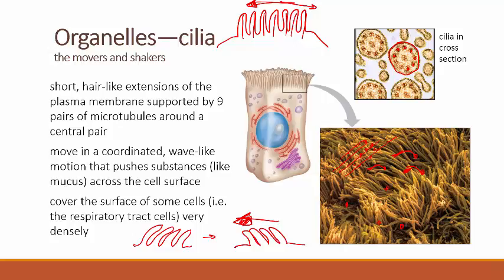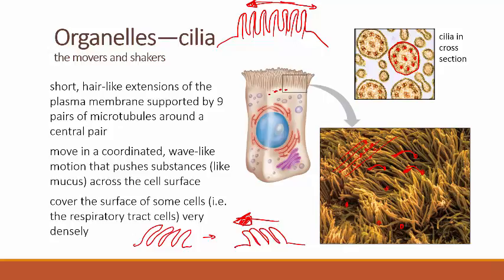And here we can see cilia sliced in cross-section, and you can make out the pairs of microtubules that are arranged in a circle around a central pair. As those microtubules rotate around a basal body, a centriole at the bottom of each one, we get this wave-like motion that pushes the mucus along, or say the fluids in the kidney tubules get moved along by cilia.